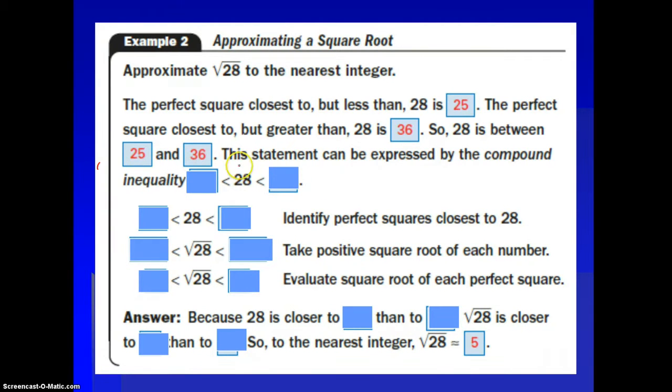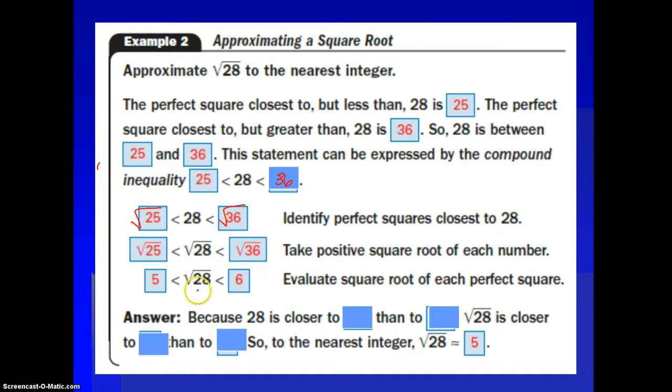Don't worry about this part. It's technically called a compound inequality. What we're basically doing is finding the square root of 25 and the square root of 36. The square root of 25 is 5. The square root of 36 is 6.